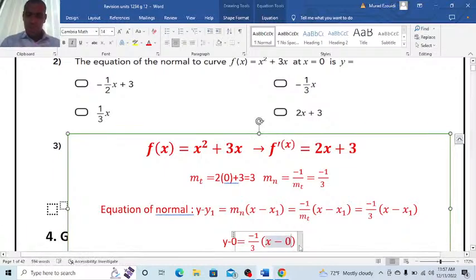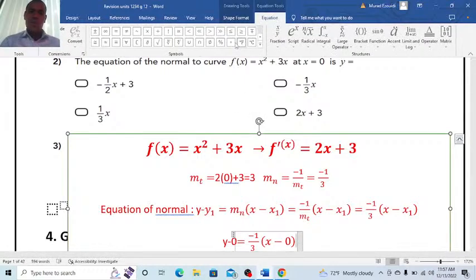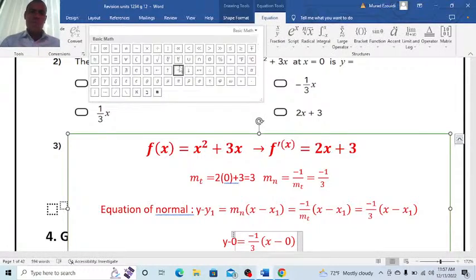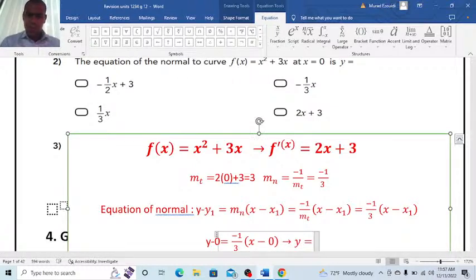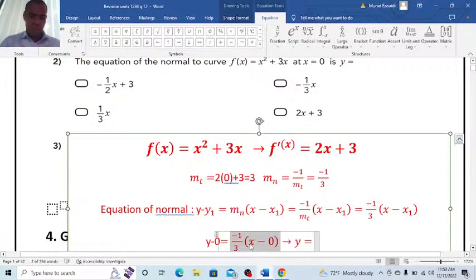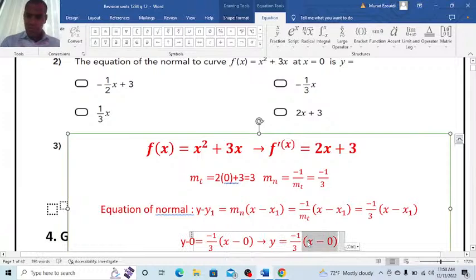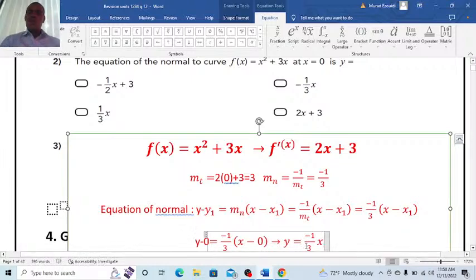Okay, therefore this will give us, learners, y equal what? y equal negative 1 divided by 3 multiplied by x, or negative x divided by 3. So this one is equal to negative 1 divided by 3x.